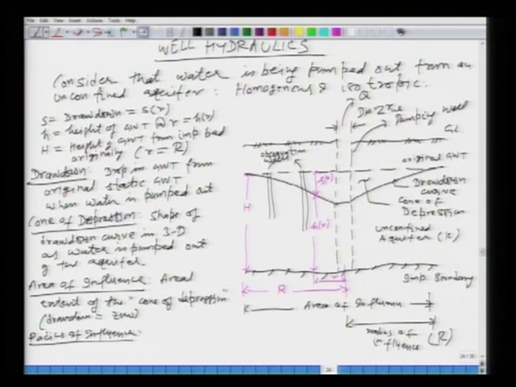What is that? It is essentially the radius corresponding to the area of influence. Okay.